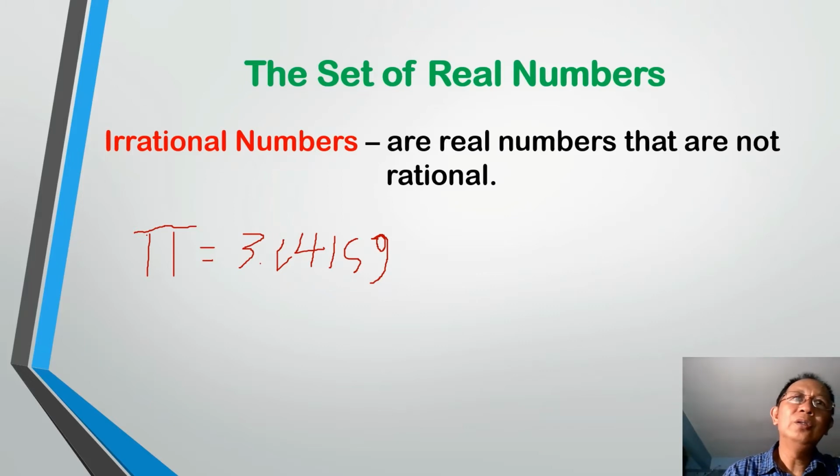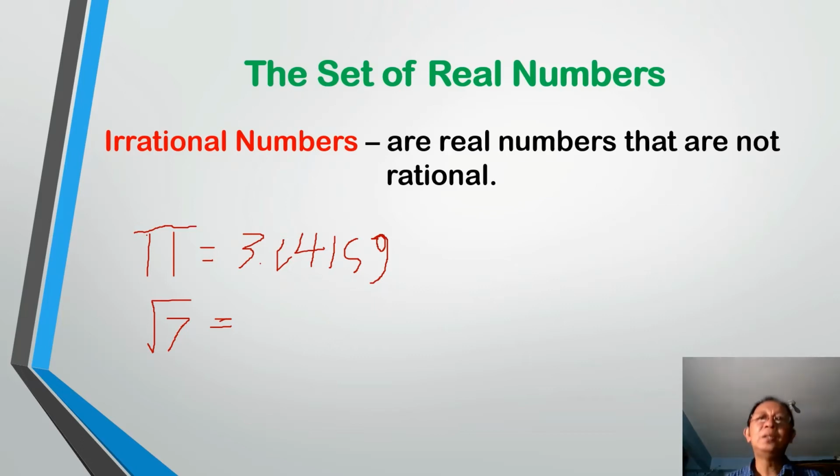Pi cubed. All non-perfect squares are irrational numbers. Square root of 7 is not a perfect square. Therefore, square root of 7 is an irrational number.